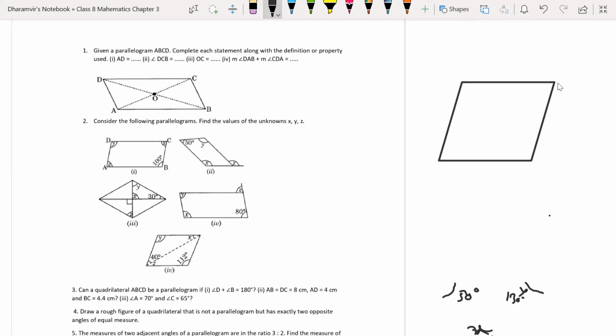Okay. This is the last, the fifth figure.